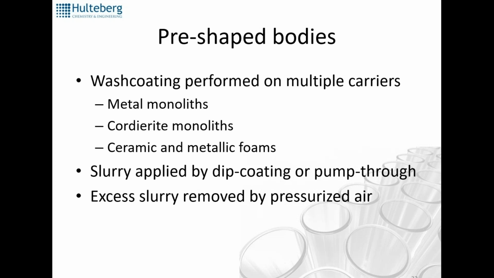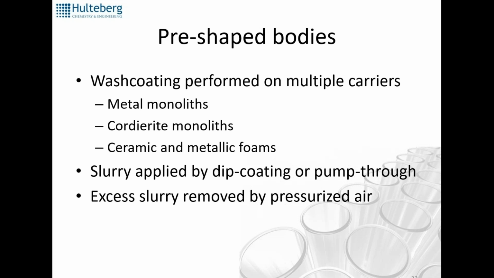It's done on cordierite monoliths, which are simpler because there's porosity in those. And then you have foams, ceramic and metallic foams, which are interesting from a performance perspective because you're actually combining pellets and structured bed. So you get the benefits of having high mass and heat transfer, as well as the relatively low pressure drop of a structured bed.